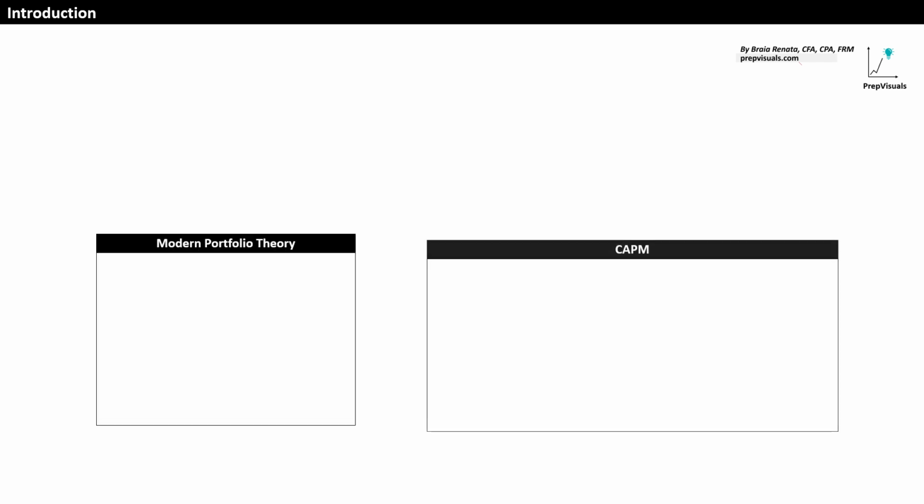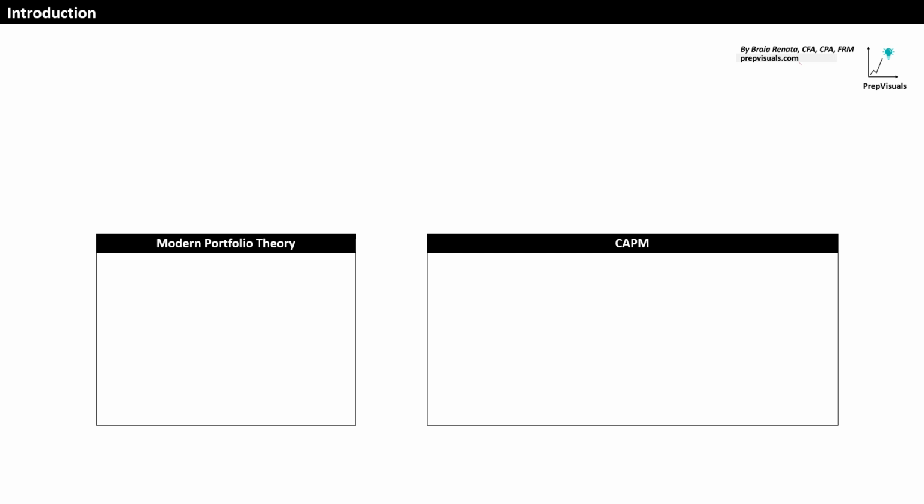So this chapter is discussing modern portfolio theory along with the CAPM model. And from a big picture perspective, it's important to understand that modern portfolio theory is an optimization model, whereas the CAPM is an equilibrium model.